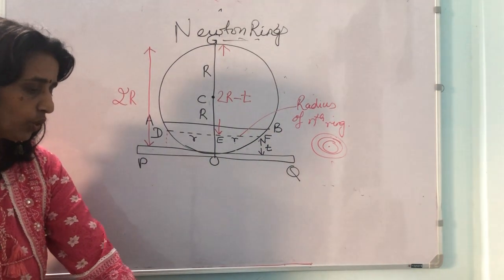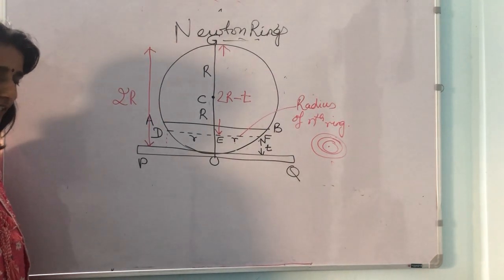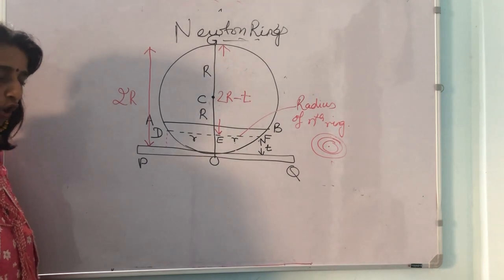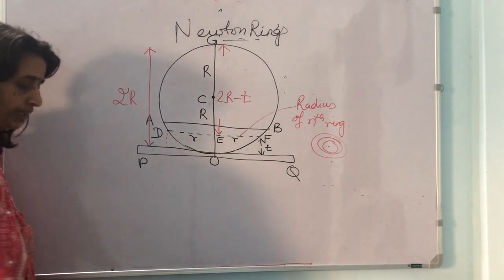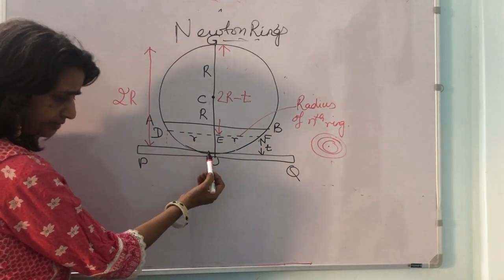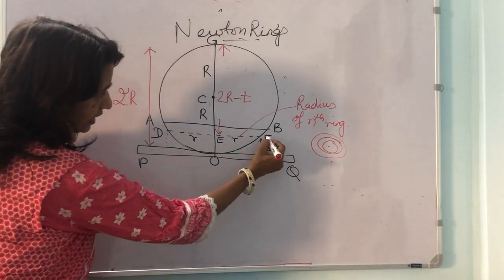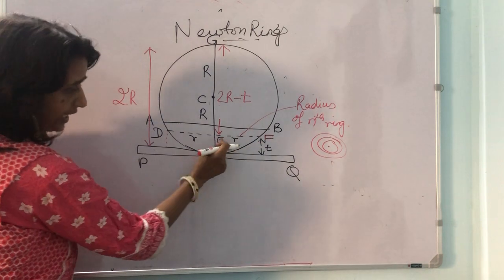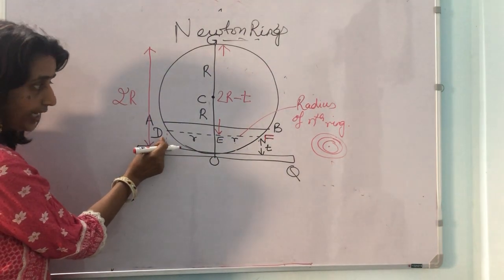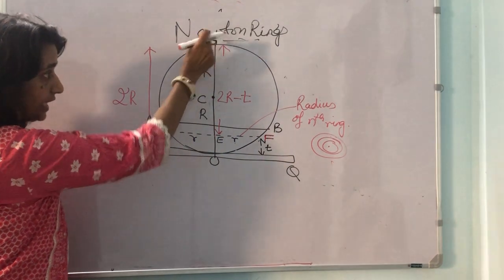Now we know from the property of a circle, the chord theorem, which states that the product of the lengths of the line segments on each chord are equal. We will pick up EF, where F is this point. EF into DE, they are both chords, is equal to OE into EG.